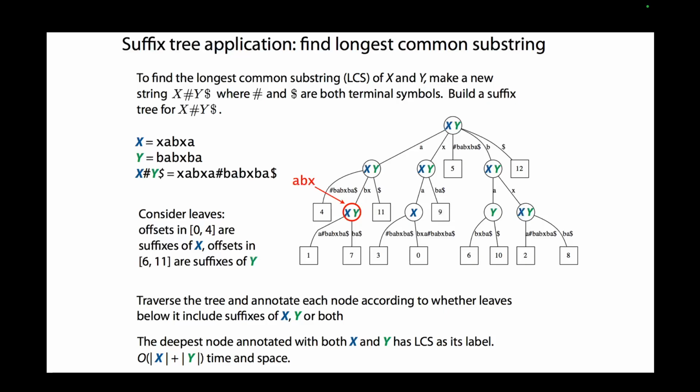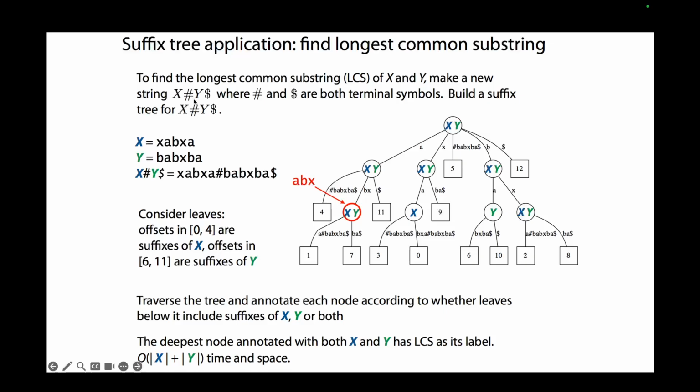Now, we talked about different suffix tries and suffix trees, but what is the major application of the suffix tree? Right? The most important application of the suffix tree is to find the longest common substring. To find the longest common substring of x and y, you make a new string.